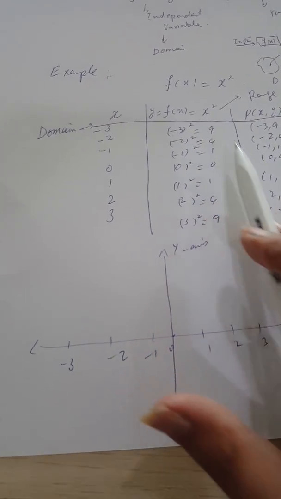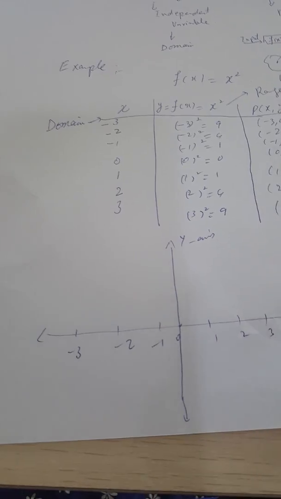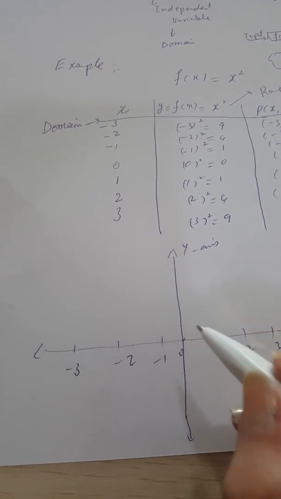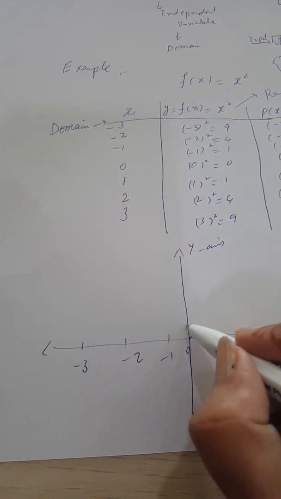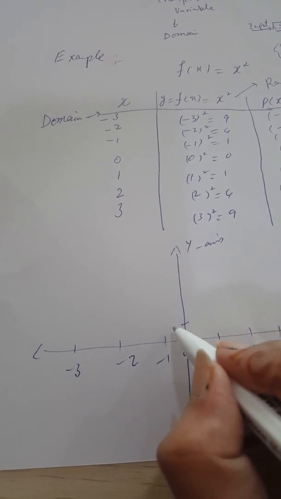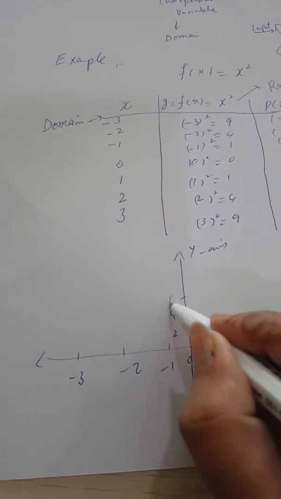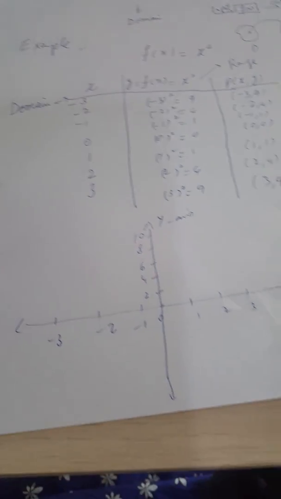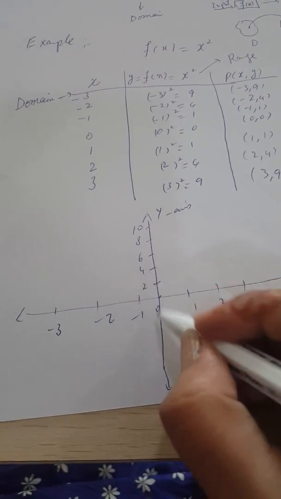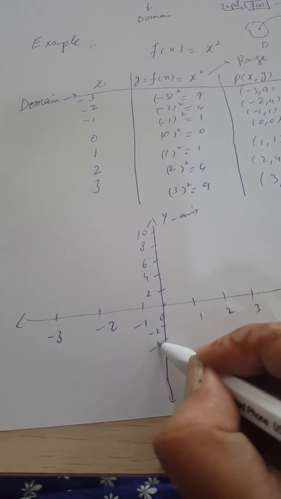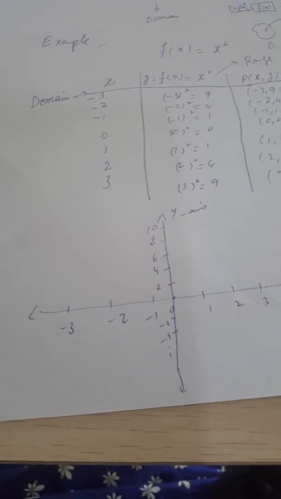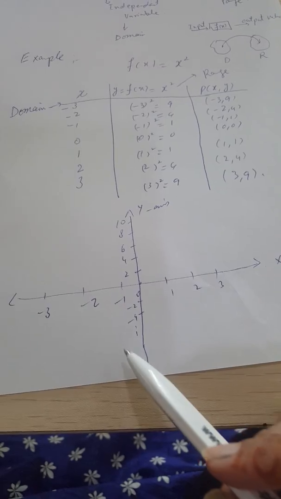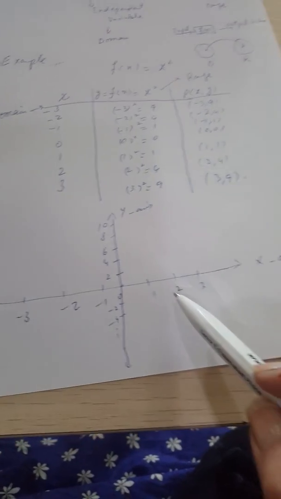The y values are 9, 4, 1. The highest value is 9, so I can write the scale 2, 4, 6, 8, 10. You could also write -2, -4 and so on, but in this question we don't need the negative values of the y-axis.